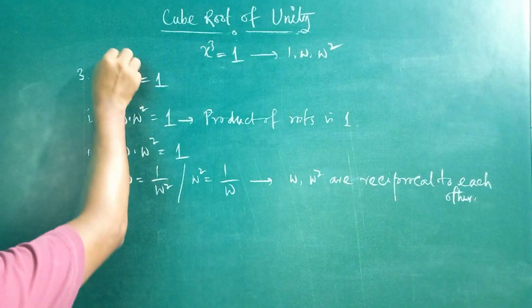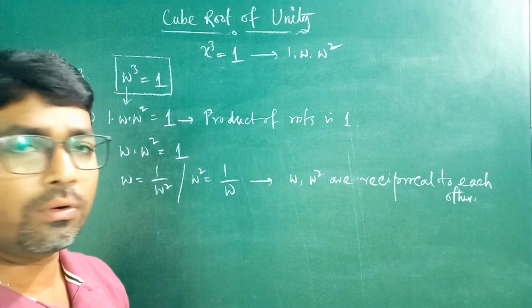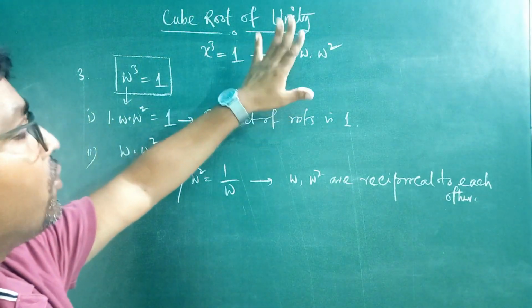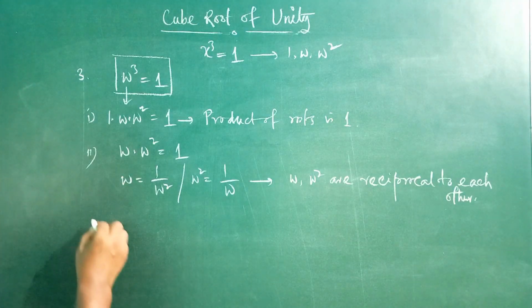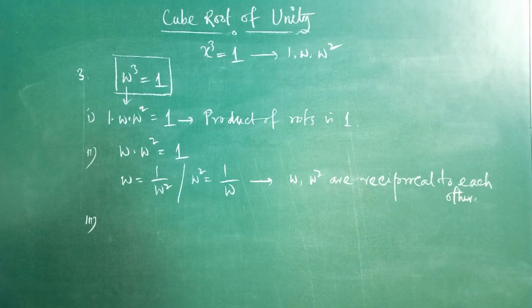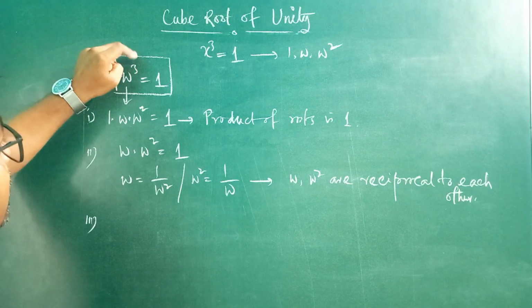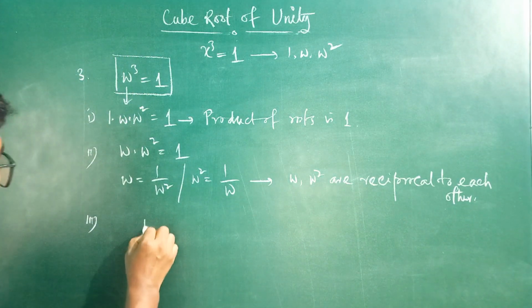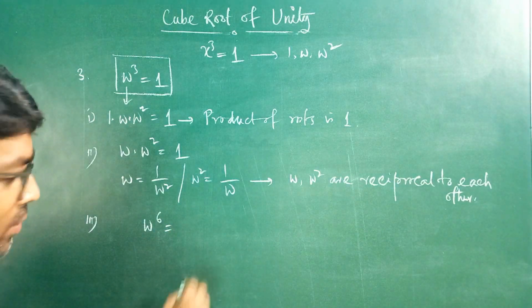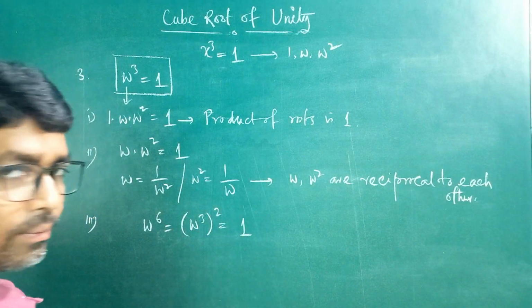So you can easily understand this one is our powerful rule of equation as a cubic root of unity, that is omega cube equal to 1. Now number 3 comes: power of omega. If the power of omega is 3, then you get the result 1. Now if you write omega to the power 6, then what will you get? Omega cube square is equal to 1.